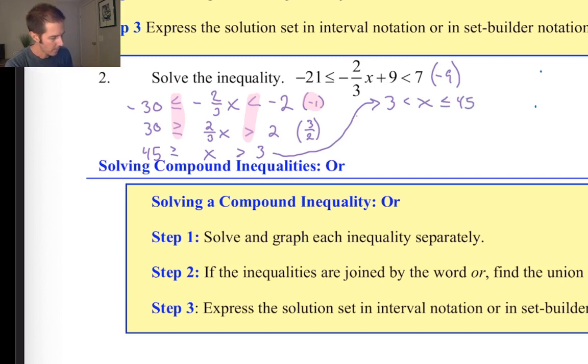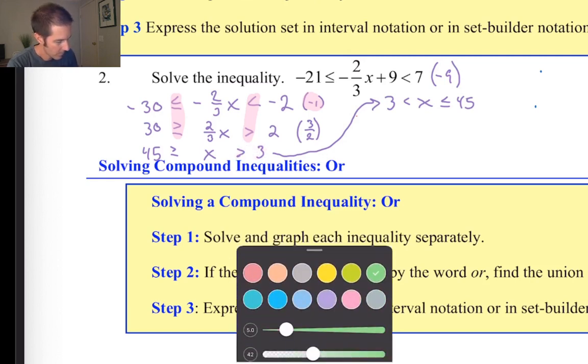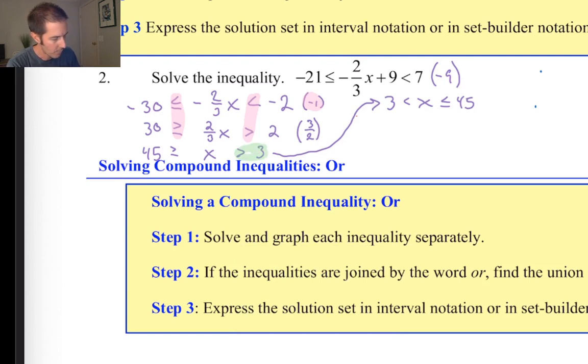Notice that the 3 is still on the sort of pointy side of that inequality symbol. It's still on the less than side. The x is on the less than side of the 45, and it is here still also on the pointy side of the 45. So we're in good shape. We've rewritten it or flipped it correctly, and that could be your solution, your answer to the problem.